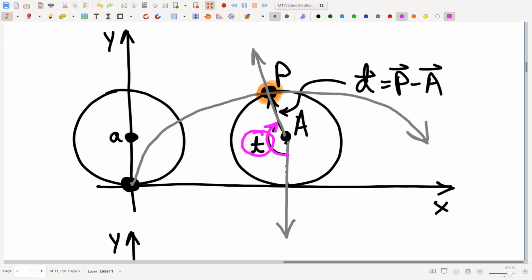Now, why did I make that choice? There's a couple nice things about this choice. For one thing, when T equals 0, we're at the beginning. And I kind of like it. This is not necessary, not required, but I find it satisfying when at the start T equals 0.